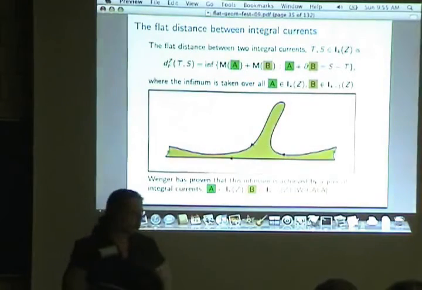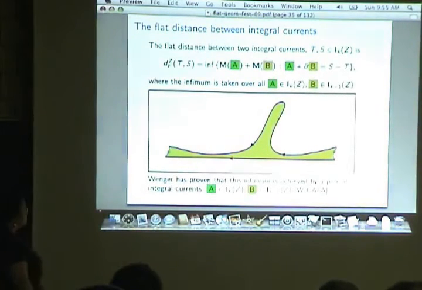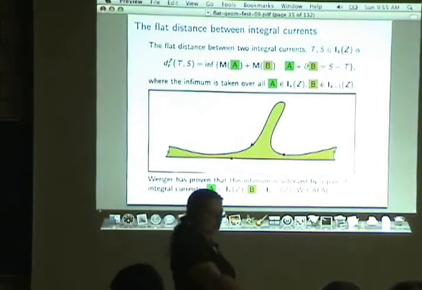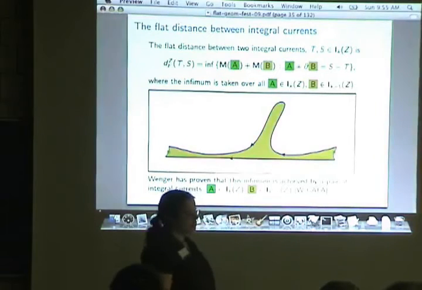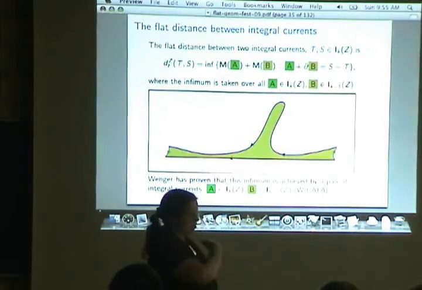You take the infimum over all possibilities, and that's your flat distance. And a co-author has proven that this infimum is actually achieved by a pair of integral currents. It's achieved. So it's not just an infimum, it's actually a minimum. And that's handy. That was also known to Federer-Fleming in Euclidean space.